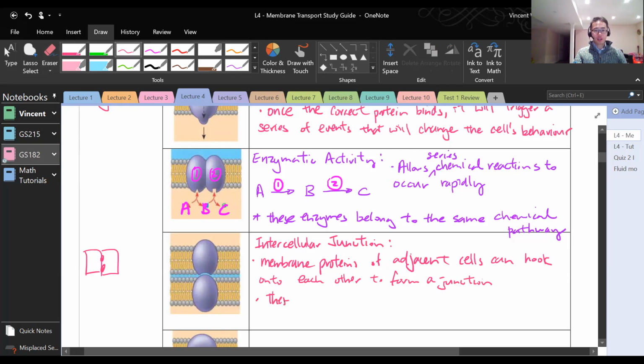So these junctions prevent uncontrolled movements of substances between cells.